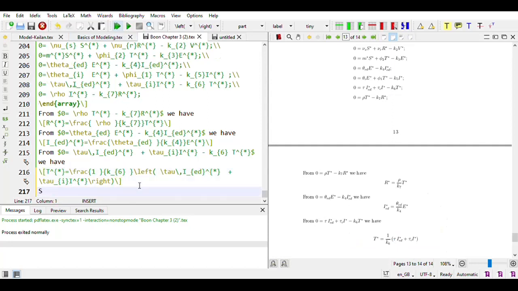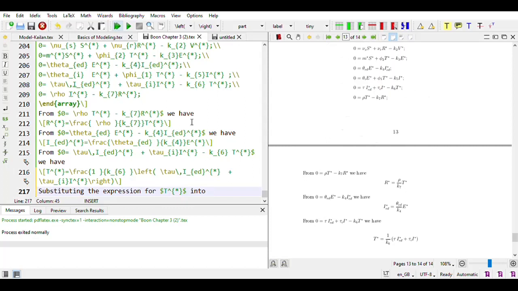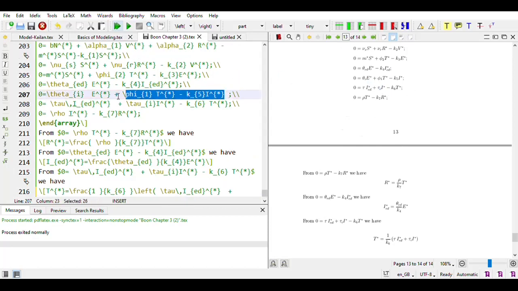So we're going to substitute the expression for t star, right? We're substituting it into the third equation from the bottom, right? That's 1, 2. Third equation from the bottom, this expression, right?